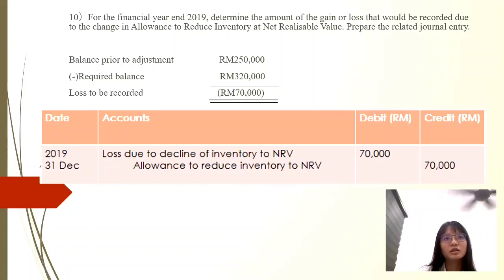So we get the loss to be recorded in the allowance to reduce inventory to net realizable value, that is 70,000. Now we record the journal entry. We debit loss due to decline of inventory to net realizable value 70,000 and credit allowance to reduce inventory to net realizable value 70,000. This is the answer of question 10.